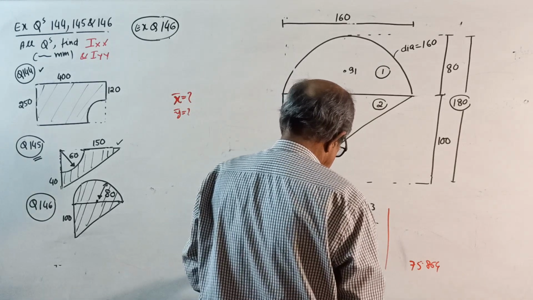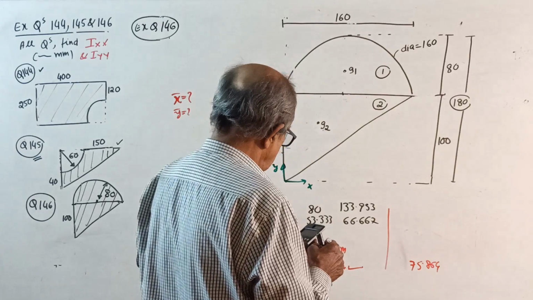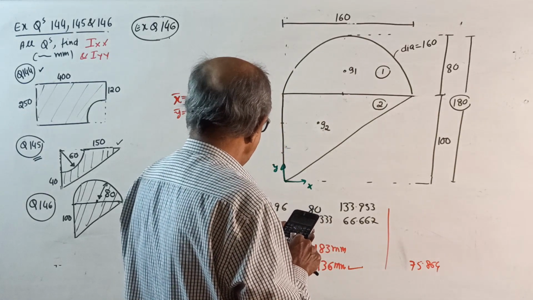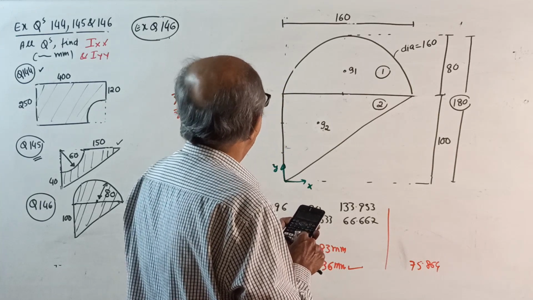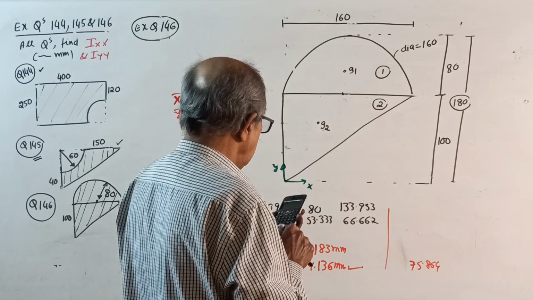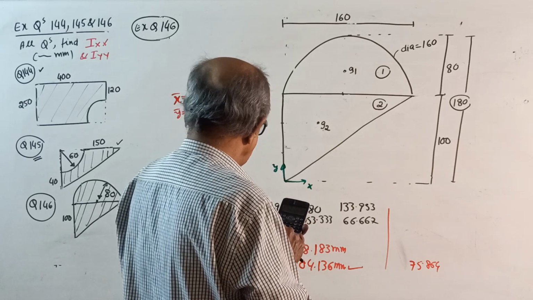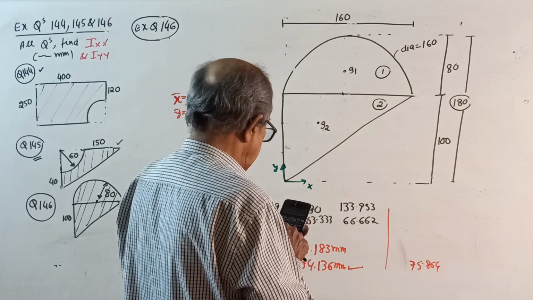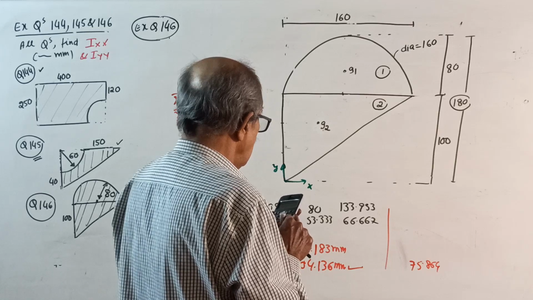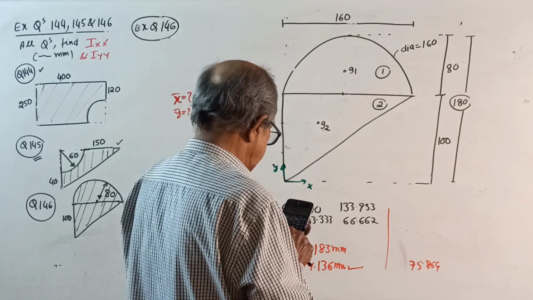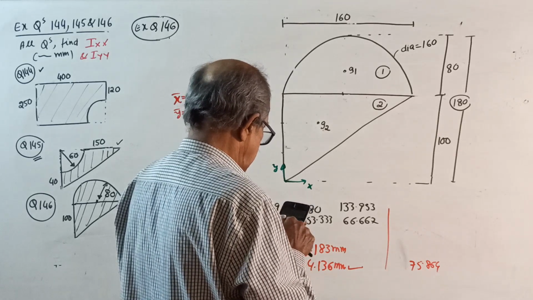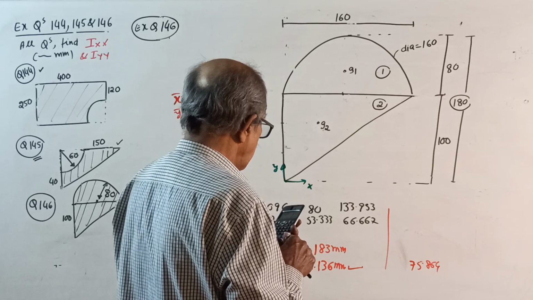47.9. See, something wrong there. Not possible. See, 160 by 2 is 80. This is 160 by 3. 10053.096 into 80 plus 8,000 into 53.333 divided by shift store A. 68.183 is correct.